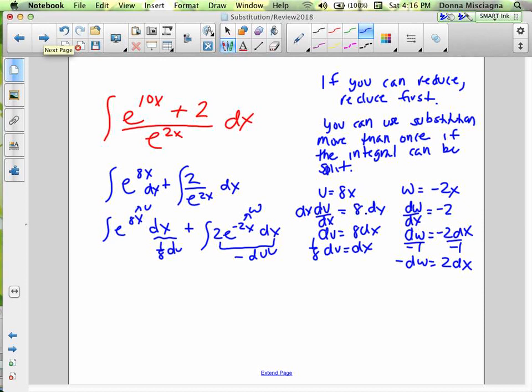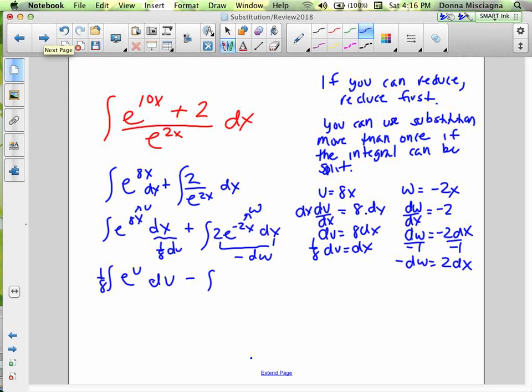And now we can integrate. And it's pretty easy. So let's rewrite it first. 1/8 the integral of e to the u du, right? Because we've replaced the dx with a 1/8 du. And then minus the integral, we've replaced the 2dx with the negative dw.